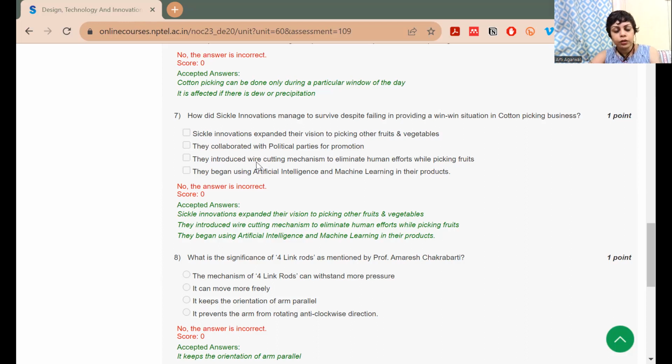So the options for this question number 7 are: Sickle Innovations expanded their vision to picking other fruits and vegetables. This is correct. They collaborated with political parties for promotion. As far as my knowledge goes, I don't think they did this.